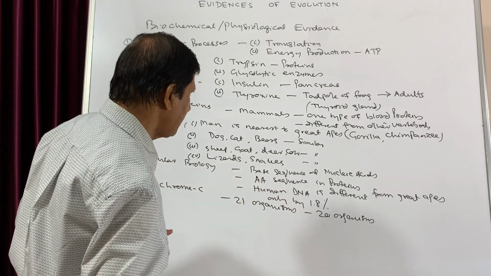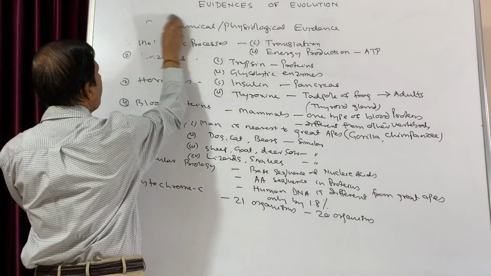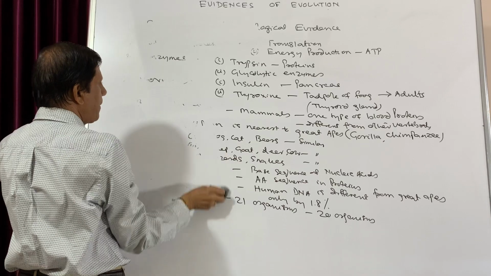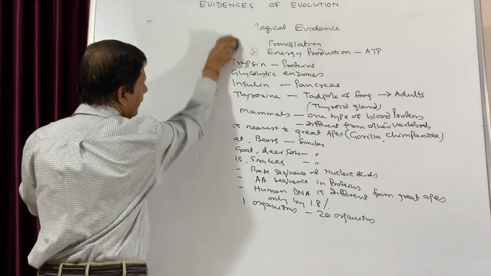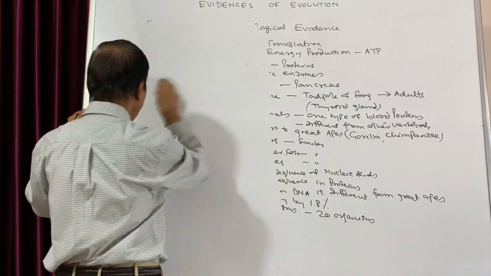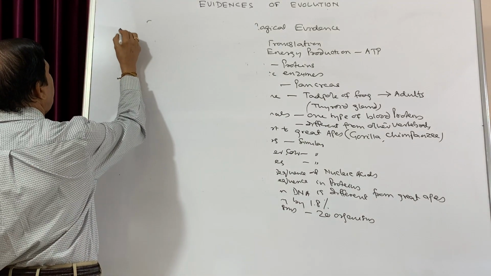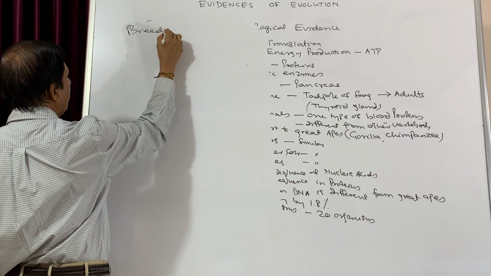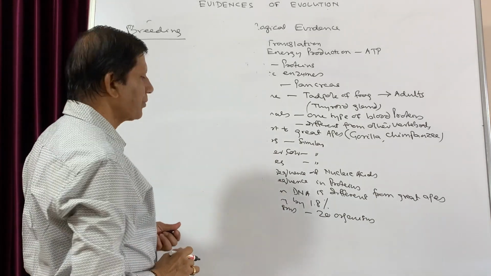Now let us discuss another: the evidence from plant breeding, because both plant and animal breeding we will discuss.